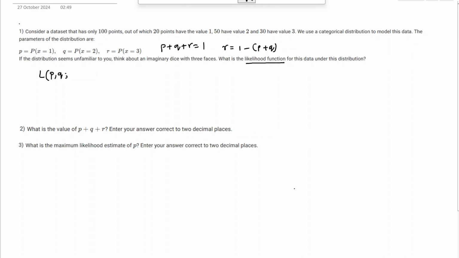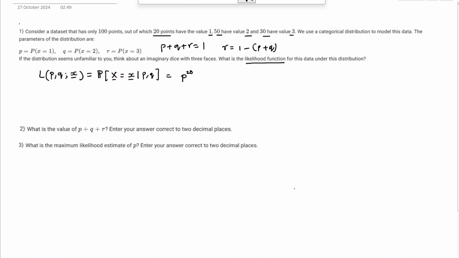Now, the likelihood function is such that we determine the probability of observing that particular sample, given p and q. And what is that equal to? So what is the sample all about? It's about 20 points having the value 1, 50 having the value 2, and 30 having the value 3. So 20 points having the value 1 means p to the power 20. Why is that the case?